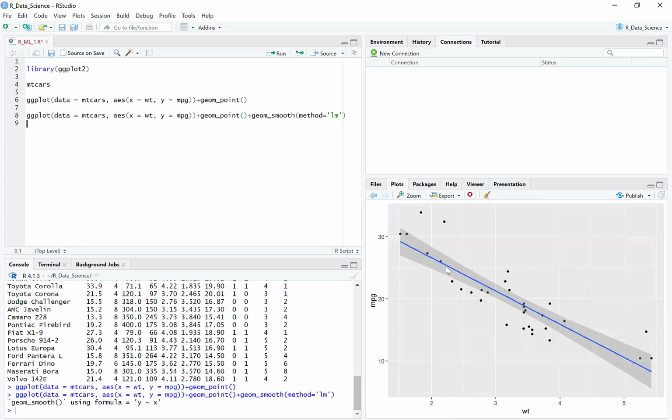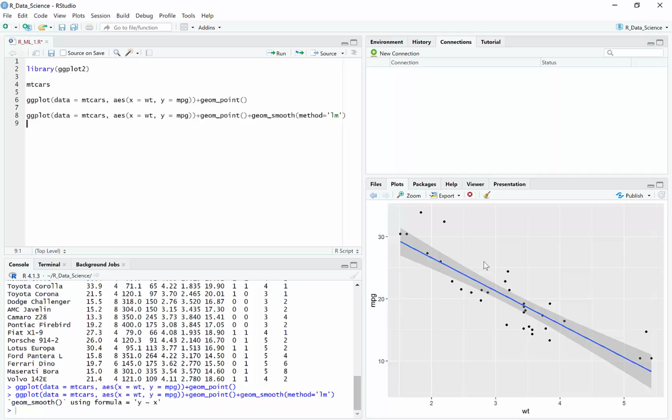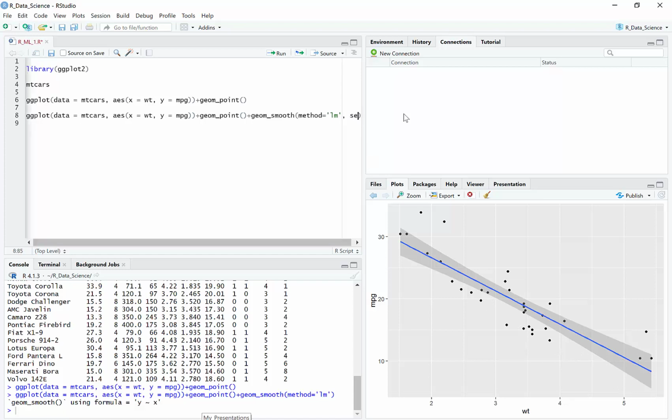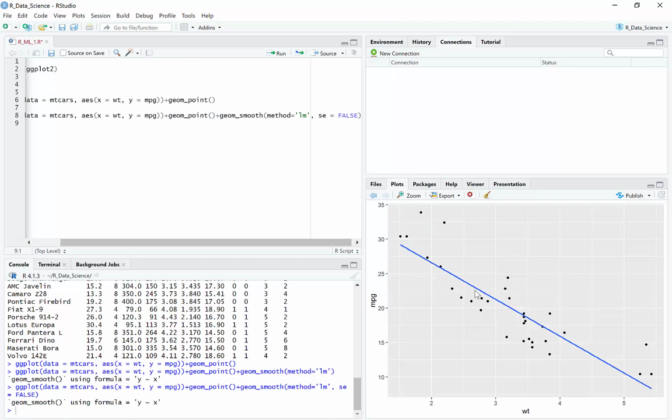We see the confidence interval here, but we don't want it now, so se equal to FALSE. Yeah, so we see this line, which was our purpose.